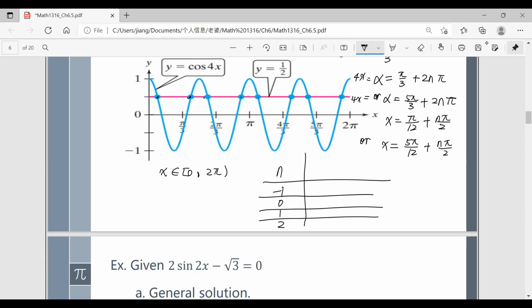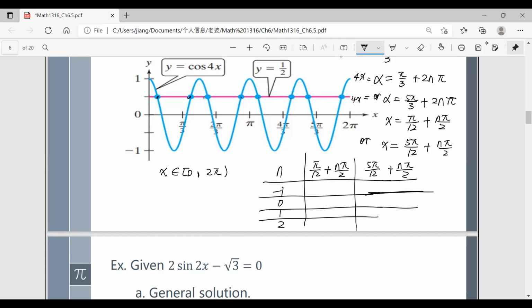And then this side is pi over 12 plus n pi over 2, and then this term, 5 pi over 12 plus n pi over 2. Let's see the angle x value.